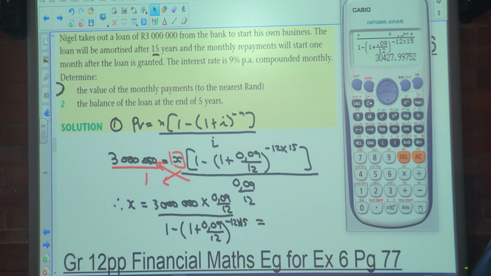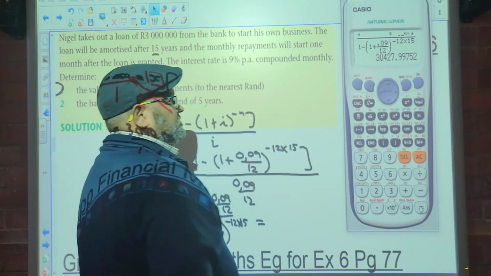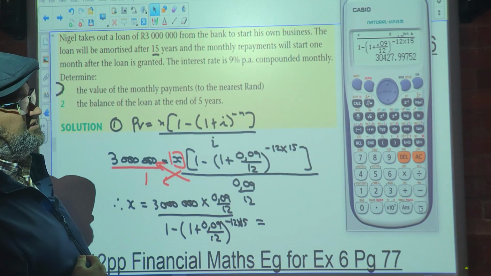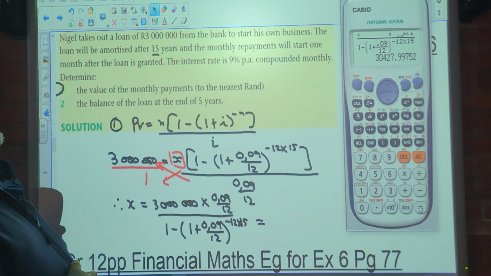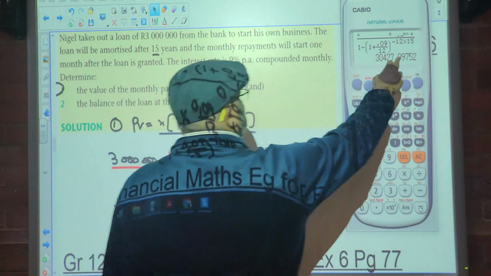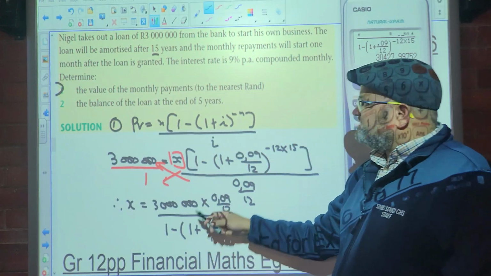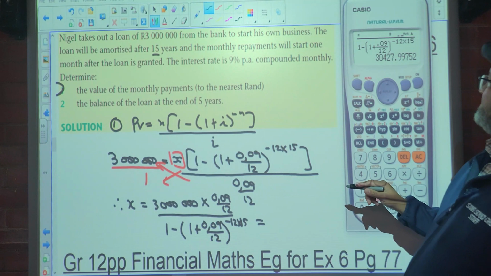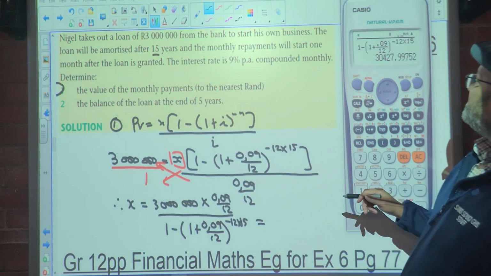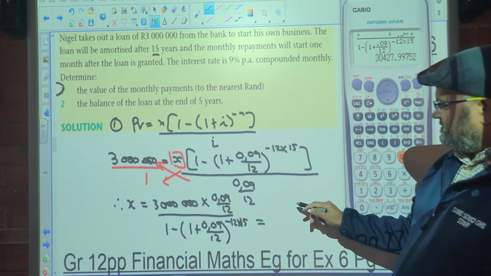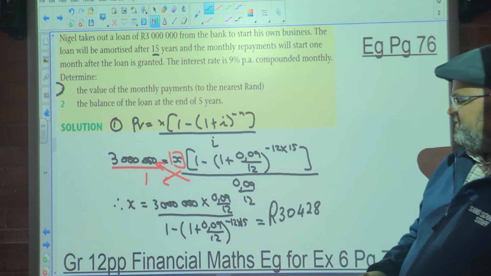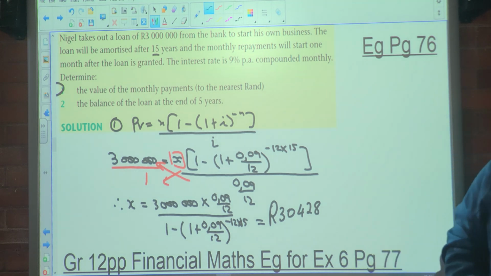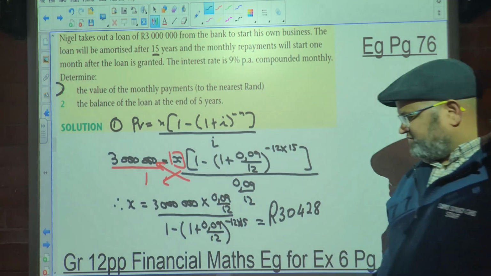Seems to be right, which is 30,427.99 rand. So to the nearest rand, as they ask here, would be 30,428 rand. That is your monthly installment on the 3 million rand loan over 15 years.